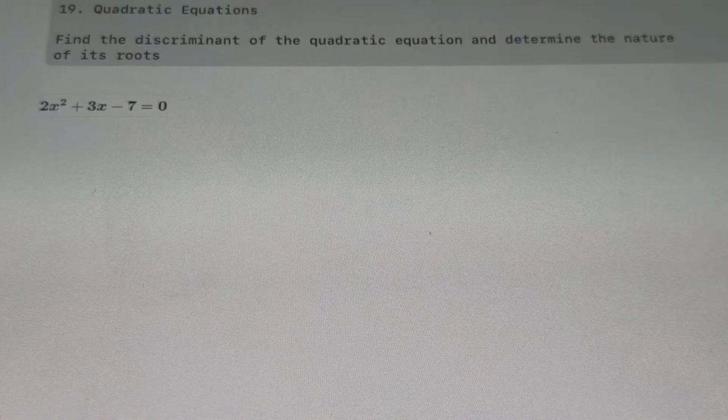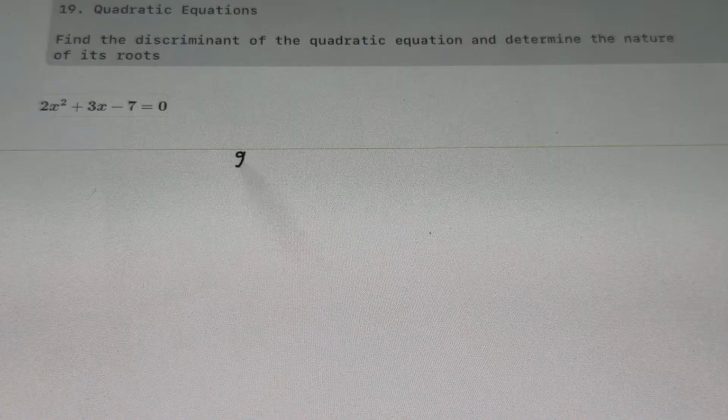Here we need to find the discriminant of the given equation. After getting the discriminant value, we have to check whether it is greater than 0 or less than 0 or equal to 0, and finally decide its nature.